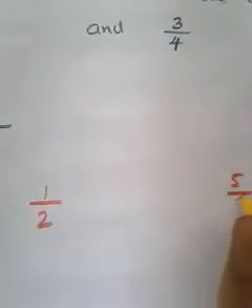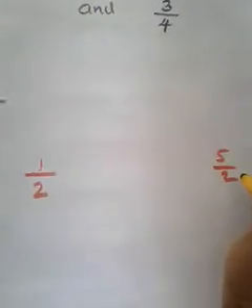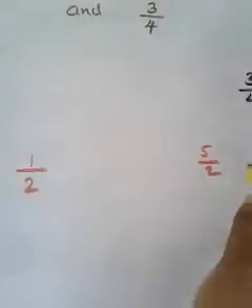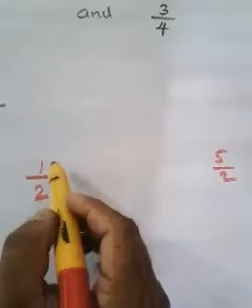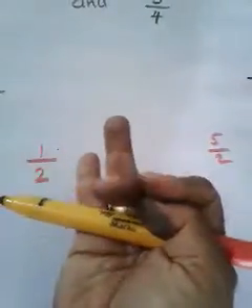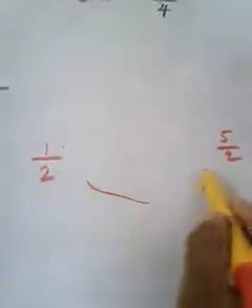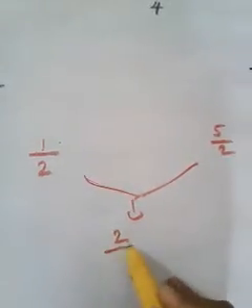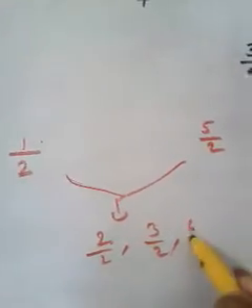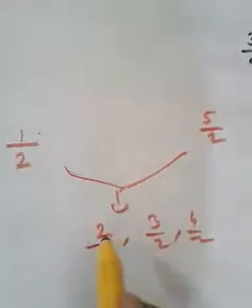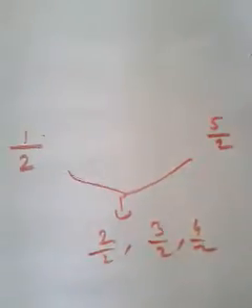Suppose the question is 1 by 2 and 5 by 2. Can you find some rational numbers in between? Yes, because the denominator is the same. The numbers between 1 and 5 are 2, 3, 4. So the rational numbers between 1 by 2 and 5 by 2 are 2 by 2, 3 by 2, 4 by 2, because the denominator is the same.